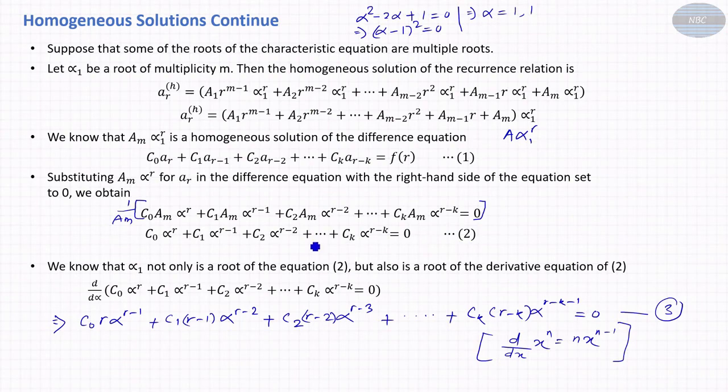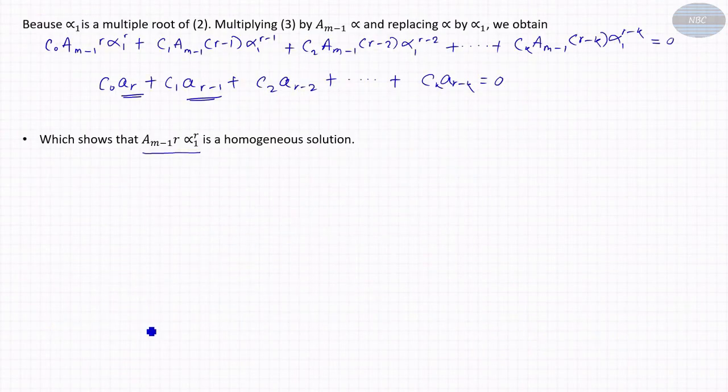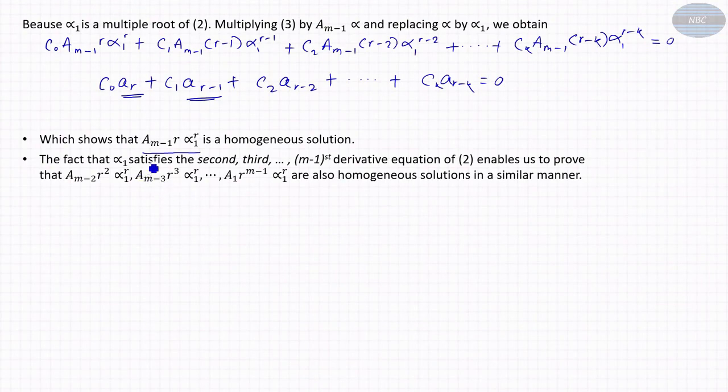This is equation 2, this is the first order derivative, and alpha 1 satisfies this equation, but also alpha 1 satisfies the second, third, up to (m minus 1)th derivative equation of 2, which enables us to prove that a_{m-2} r square alpha 1 to the power r, a_{m-3} r cube alpha 1 to the power r, up to a1 r to the power m minus 1 alpha 1 to the power r are also homogeneous solutions in a similar manner.